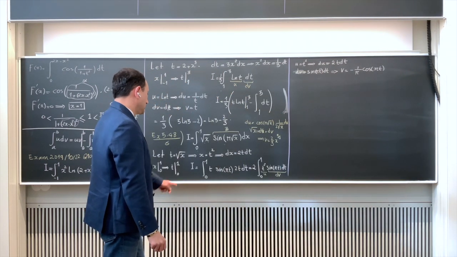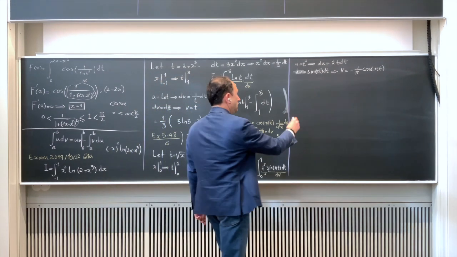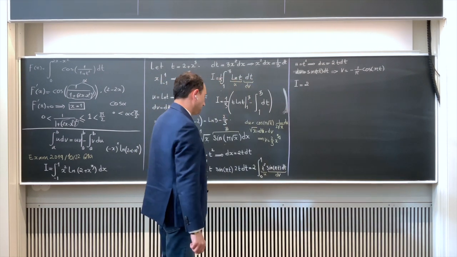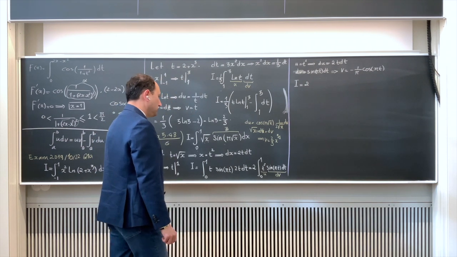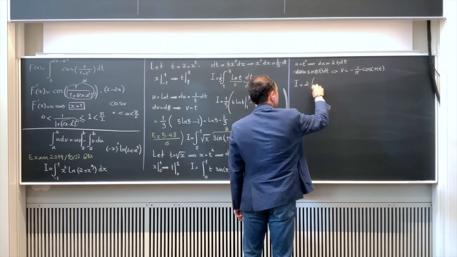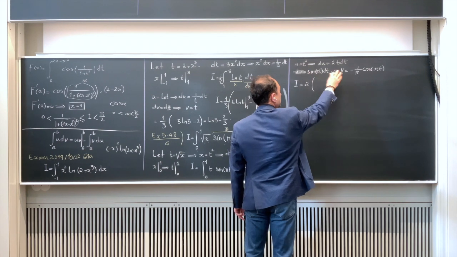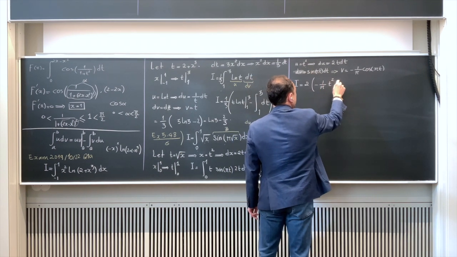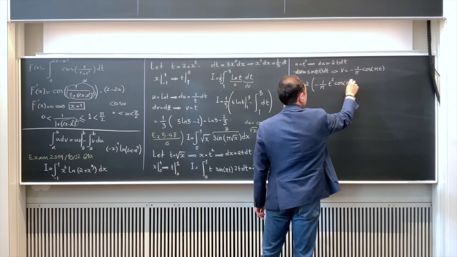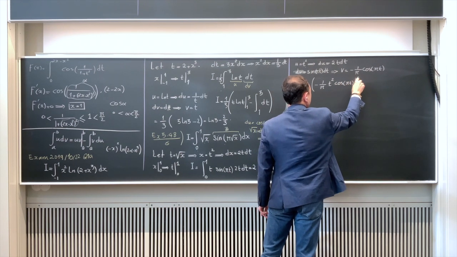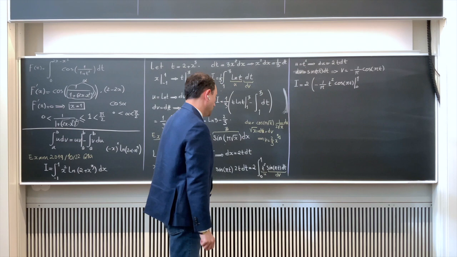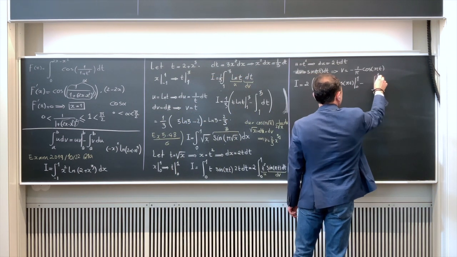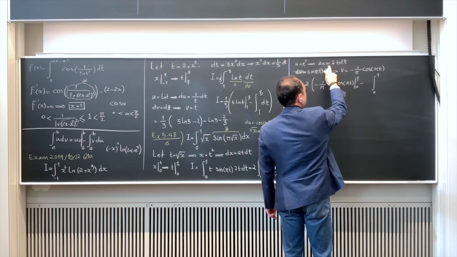Okay, so the integral that I am looking for, I, is 2 times the integral of uv, which is minus 1 over pi t squared cosine pi t, going from 0 to 1, and then minus the integral from 0 to 1 of v times du.